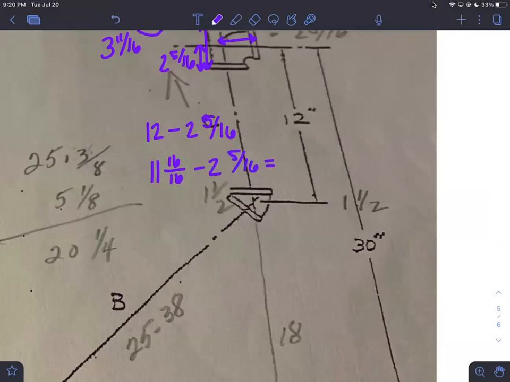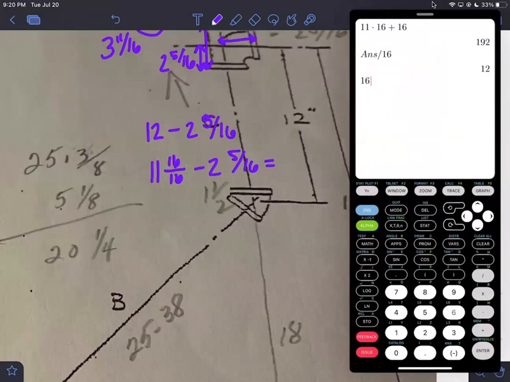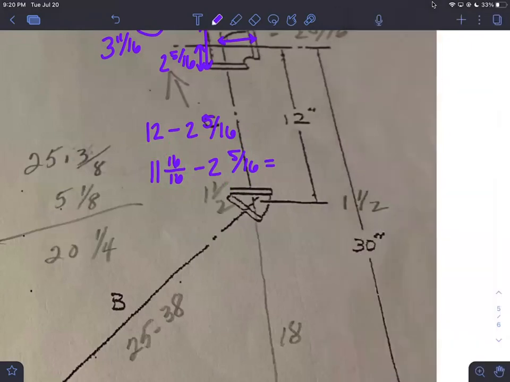So then I can combine these pieces. So then it would be 16 minus 5 up on top. And I end up with 11 over 16. So that's 16 minus 5. And then I just bring this over. And then 11 minus 2 is 9.